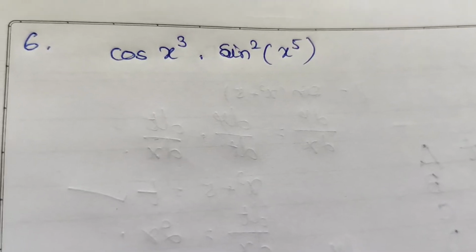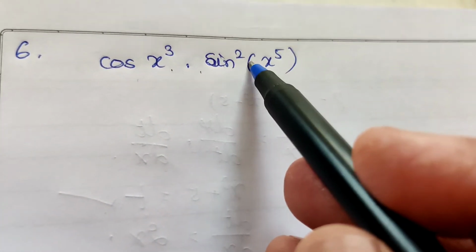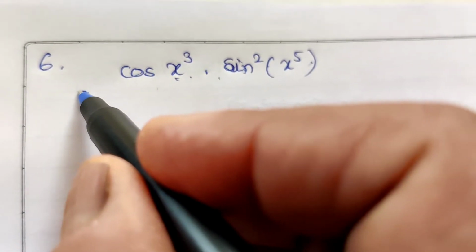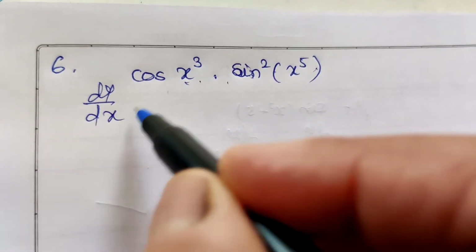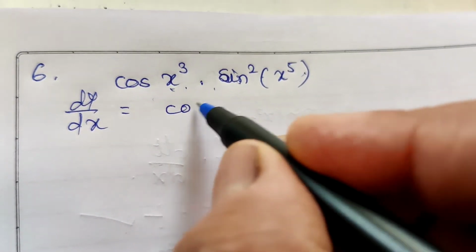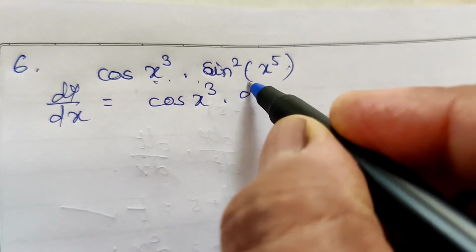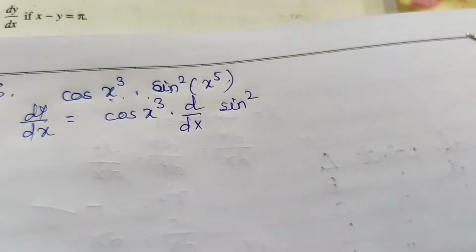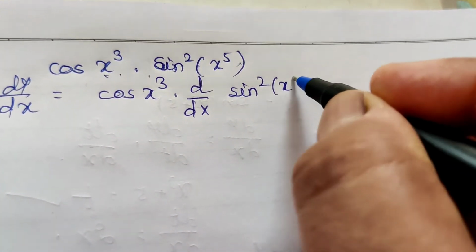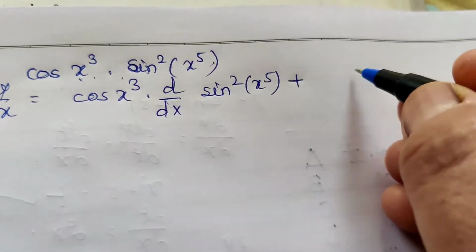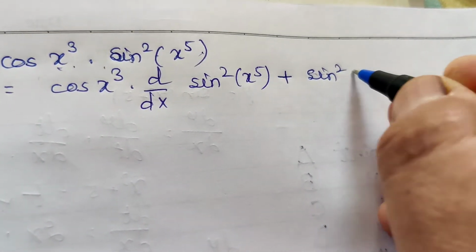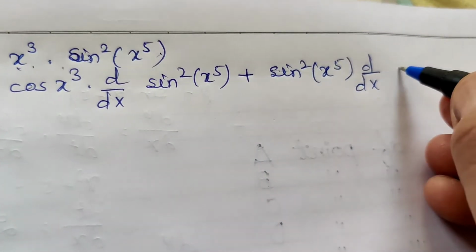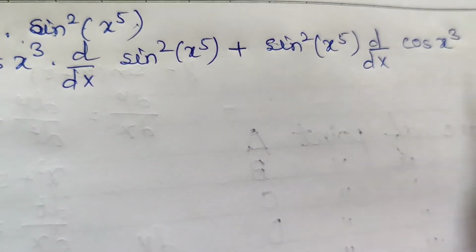Next is cos(x cube) into sin square(x raised to power 5). This is the product form, so you can find it using the formula of multiplication. First function into differentiation of second function, second function is sin square(x raised to power 5), plus second function into differentiation of the first, first is cos(x cube).